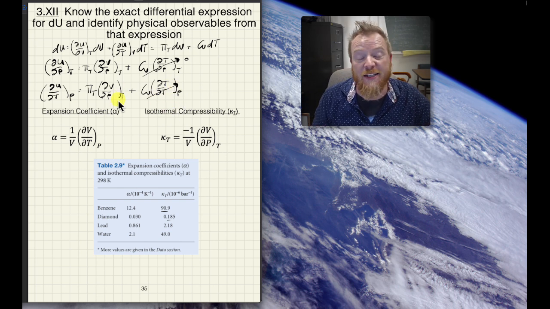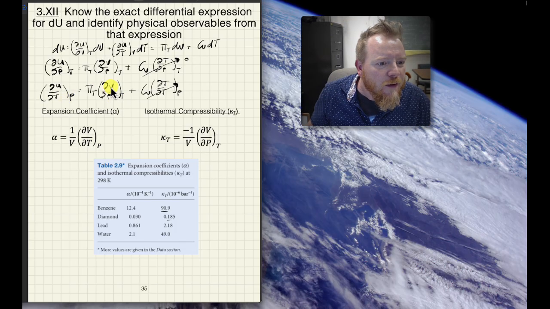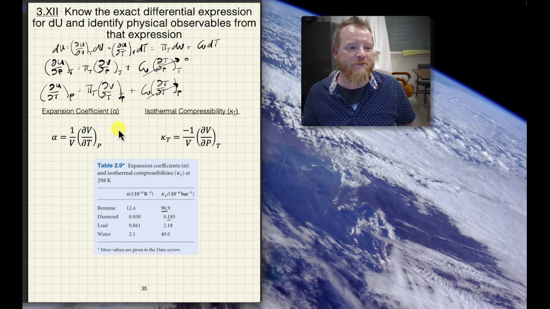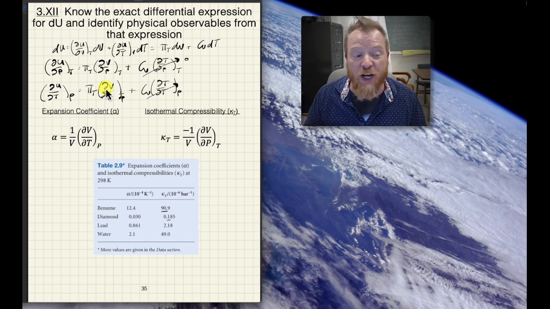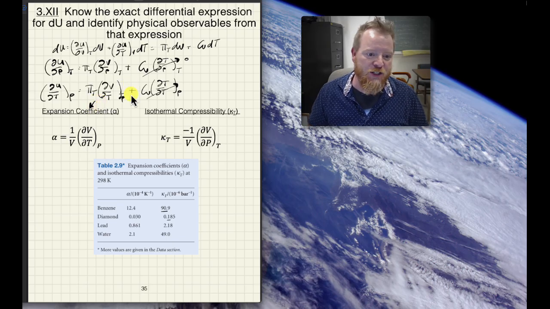And now we can see here, partial of V with respect to T at constant P. So now we can see as the volume of a sample changes with respect to changes in temperature, we refer to that as the expansion coefficient.